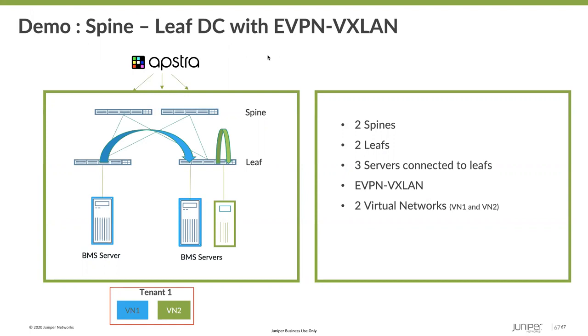Then we have simulated 3 bare metal servers, and 2 of those will be in the same virtual network, which is the blue, and 1 is only in its own virtual network. Then we'll also build some EVPN VXLAN on top of this, like the overlay, and see how this looks in the GUI of Apstra.